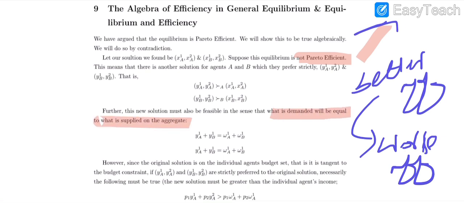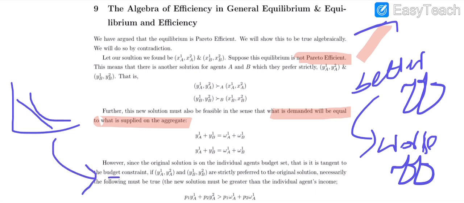Here similarly demand equals supply, and if we see the individual budget set, it is tangent to the budget constraint, as I already described, the budget line is tangent to the indifference curve. The same we discuss here.